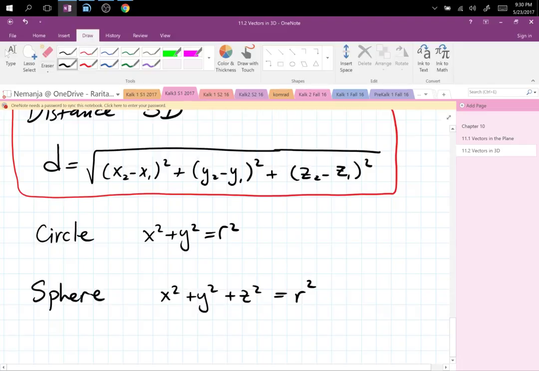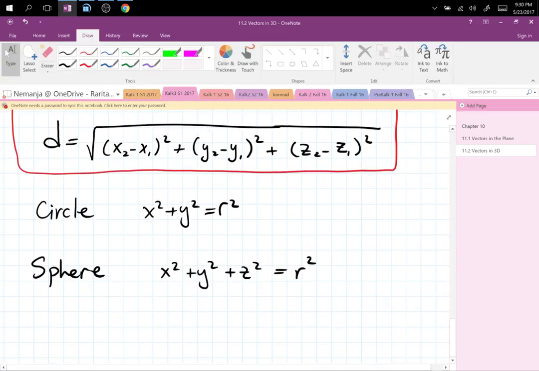We just added that z in. Now you know that you can have them not centered at the origin, right? Remember there was an h and k? It was x minus h squared plus y minus k squared, if the center was h, k. Well, you can have a sphere centered anywhere. So we can use a, b, c, doesn't really matter.